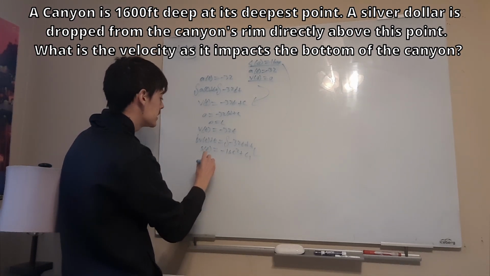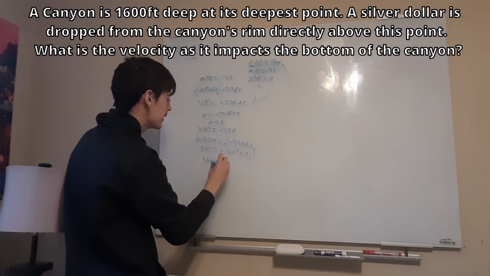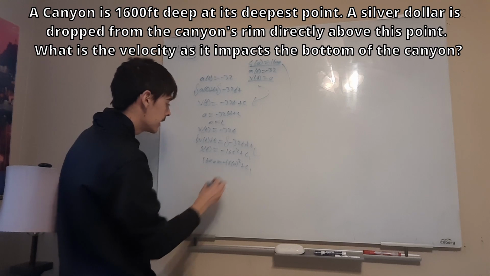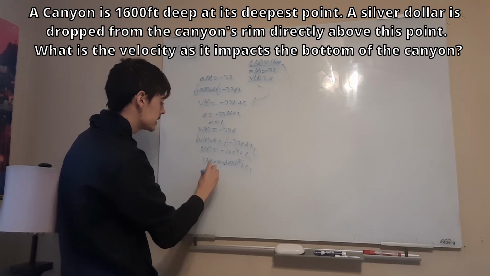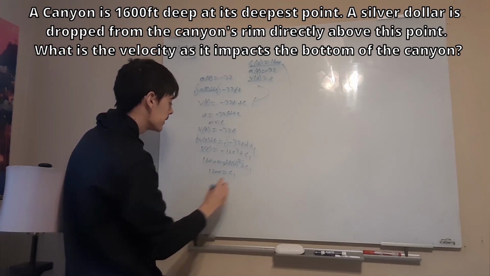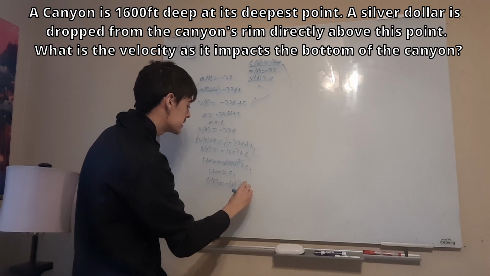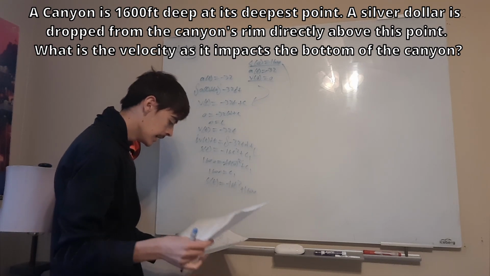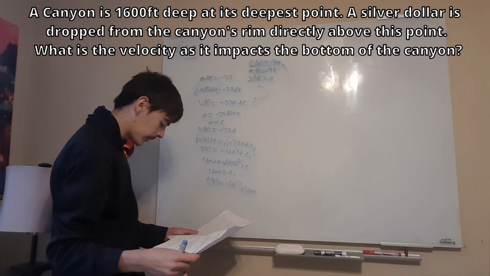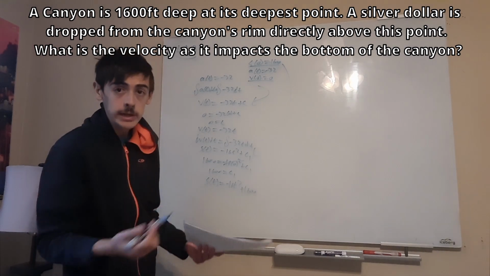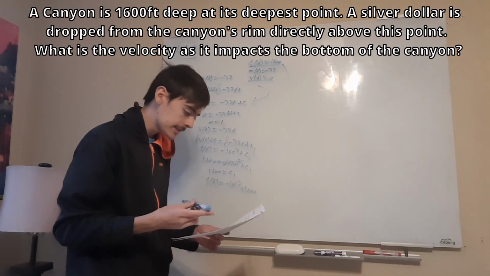So we get 1600 equals negative 16 times 0 squared plus c1. The term with a 0 cancels, so we get 1600 equals c1, and our position function will equal negative 16t squared plus 1600. Now that we have both our functions for velocity and position, we can continue reading and find what it's actually asking us.